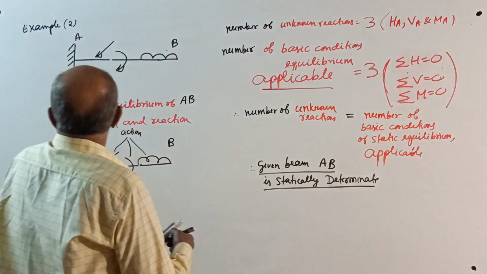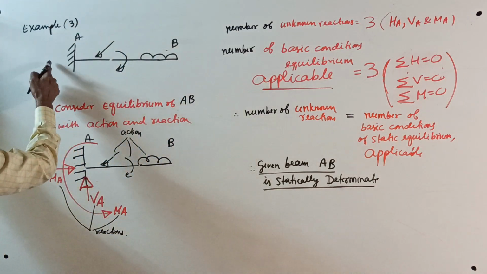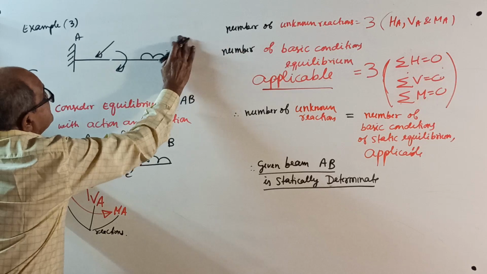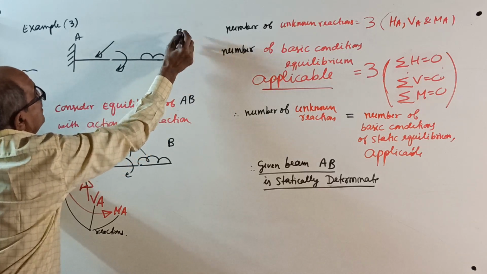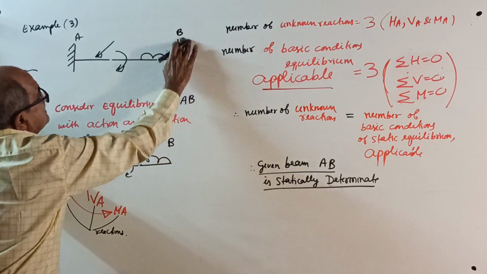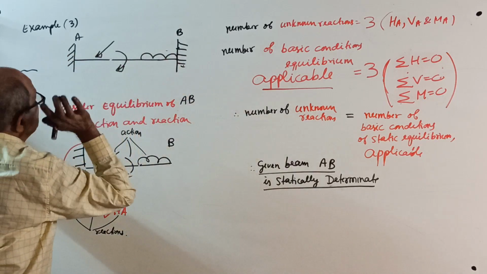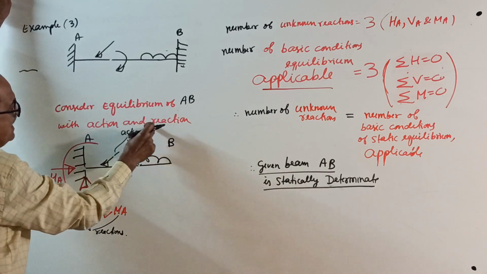Okay, now example 3. Consider a beam AB which is fixed at both ends. You write there, fixed at both ends. Actually, when I go to indeterminate, my first example is the propped cantilever, but leave it now. Consider equilibrium of AB with action and reaction.